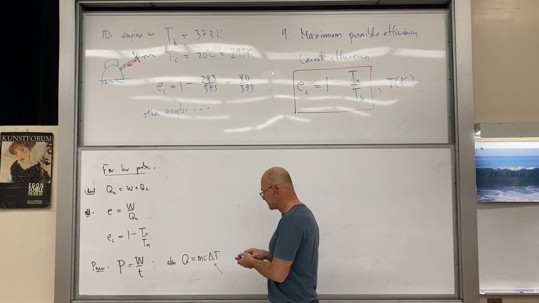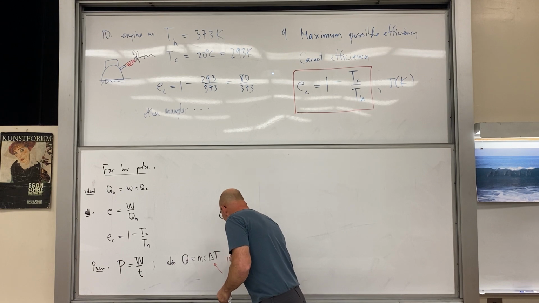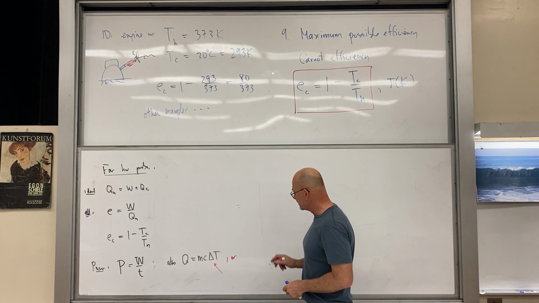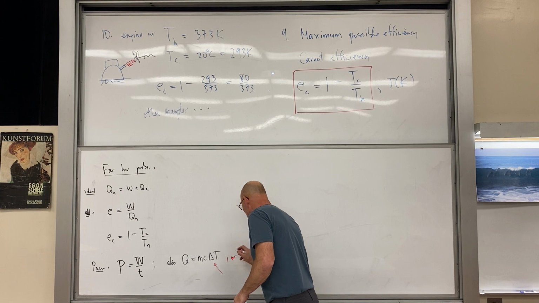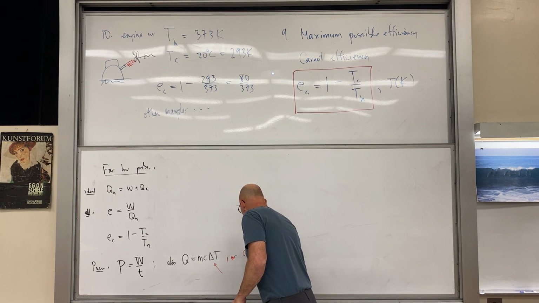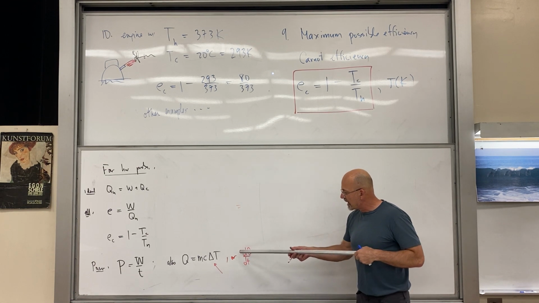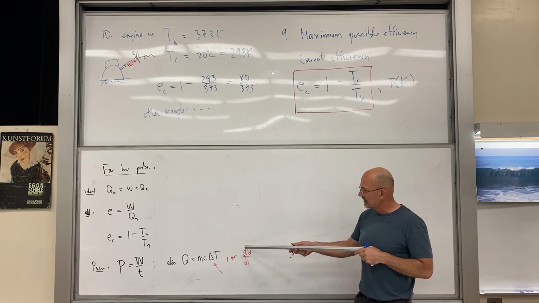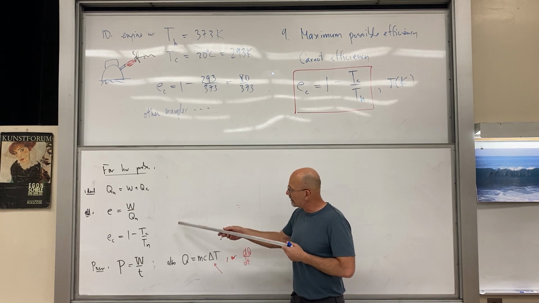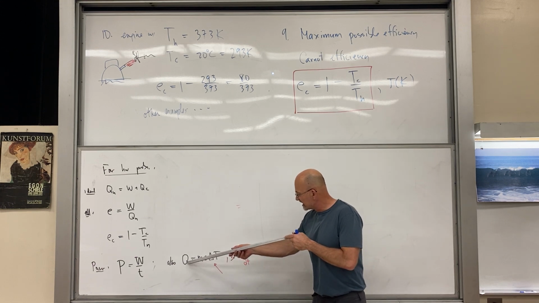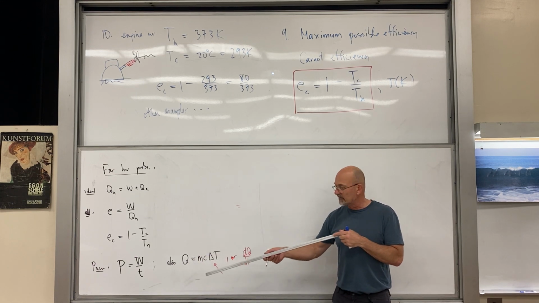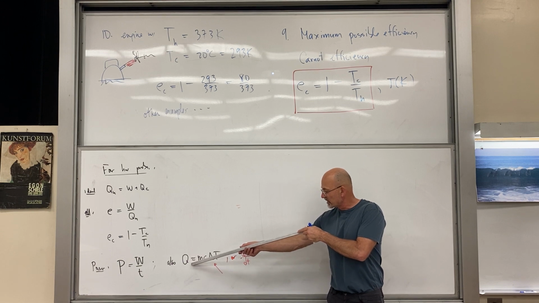You could also have, and I haven't done this one yet, but it comes to mind, dQ/dt. So this would be a certain amount of power again. Say this is QC, this is the Q that's heating the river, that's going to the low temperature reservoir.